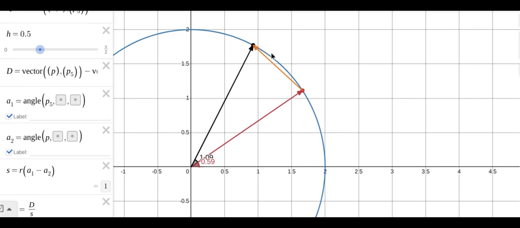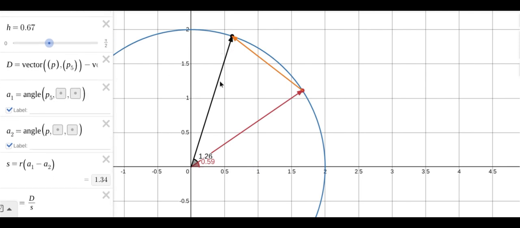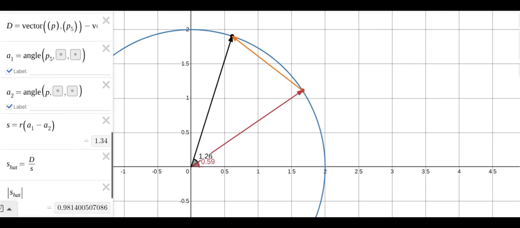Wherever I set this increment, if I change it, you see the arc length increases. So to finish that equation, we just take this vector, the difference, and divide it by the arc length, and we get a new vector, the blue one.